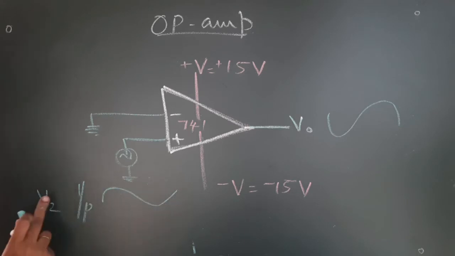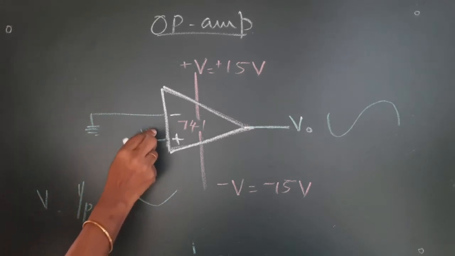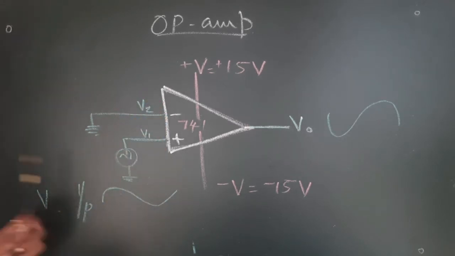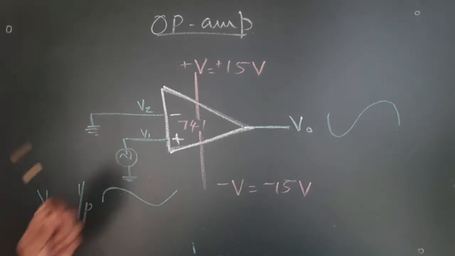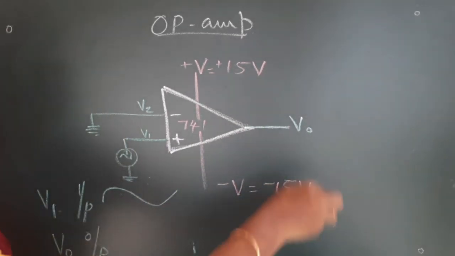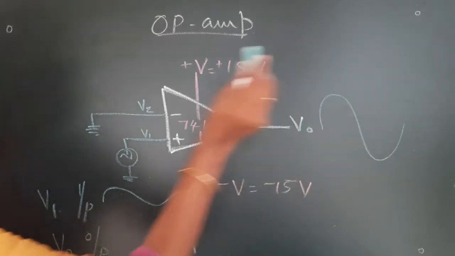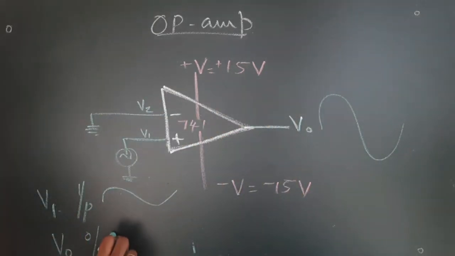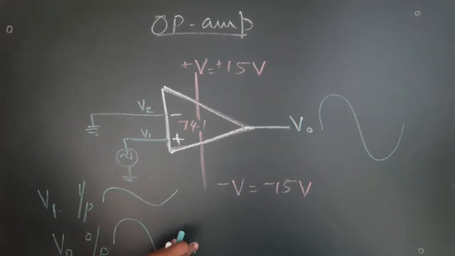So, this is the input, this is my V1 and this is my V2. This is the voltage input at the V1 terminal. At this moment, V out will be in phase with the input. Of course, it will be amplified, but the output will be in phase with the input.